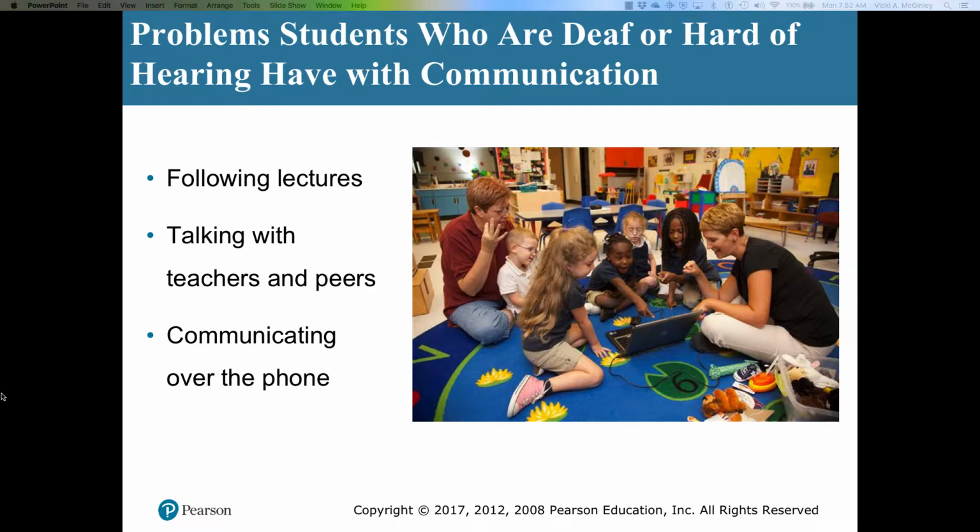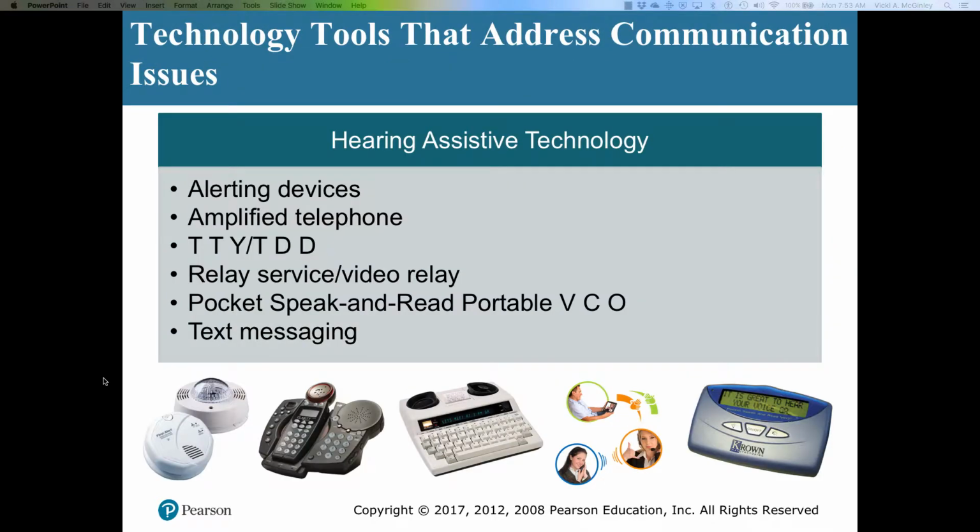So we certainly know that students in the category of deafness and or hard of hearing benefit from technology. The problems they encounter are being able to follow any kind of speaking lectures, communicating with peers, teachers, and communicating over the phone.